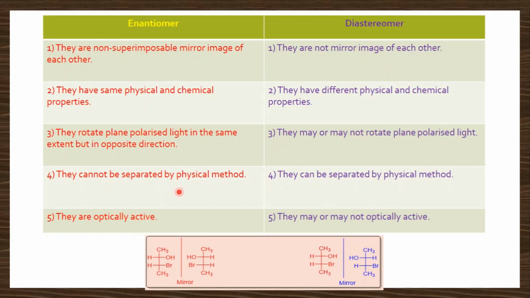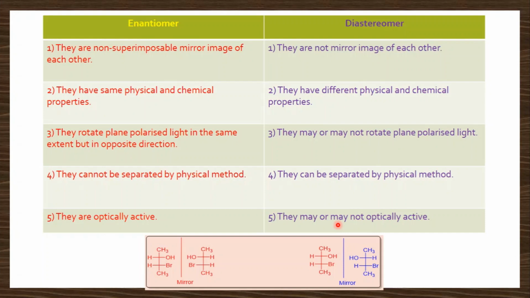Then the fourth point is that enantiomers cannot be separated by physical methods. While diastereomers can be separated by physical methods, because they have different melting points, boiling points and different solubilities.